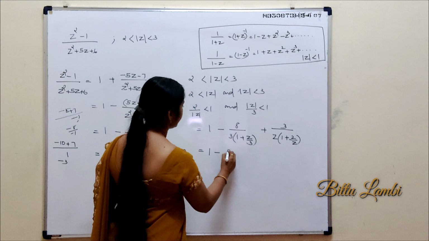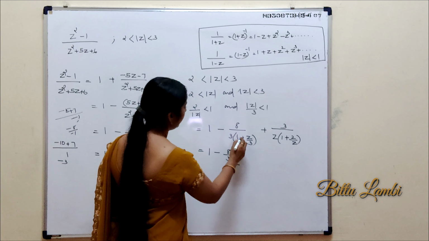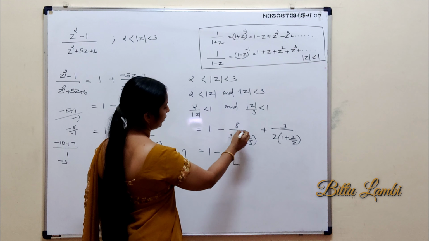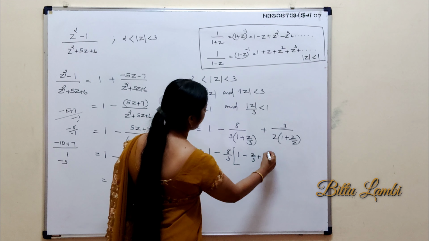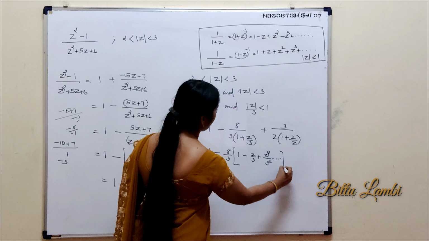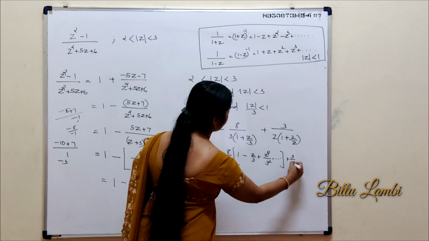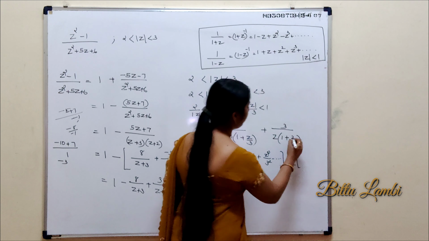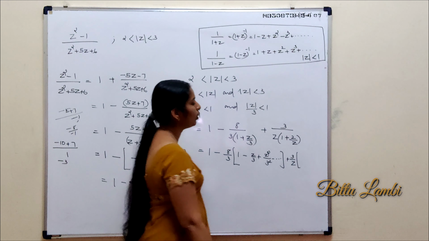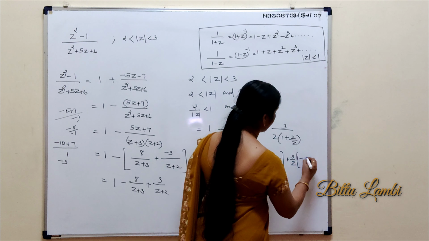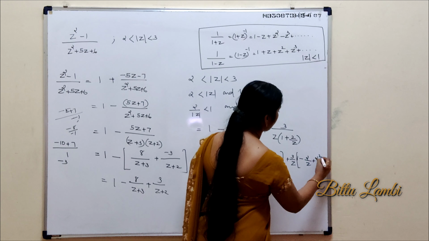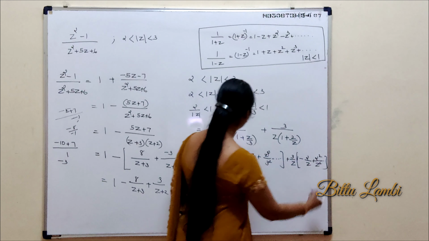This is 1 minus 8 by 3 into, you take this raised to minus 1, 1 minus z by 3 plus z square by 3 square minus etc., plus 3 by z into 1 plus 2 by z raised to minus 1. While writing 2 and z, be very careful: 1 minus 2 by z plus 2 square by z square minus etc.